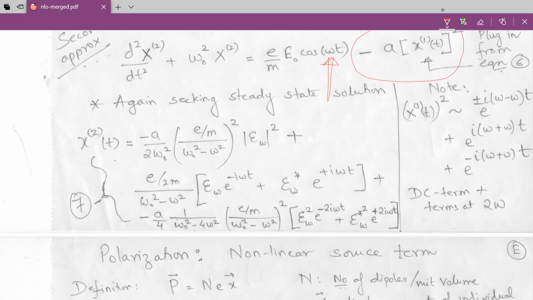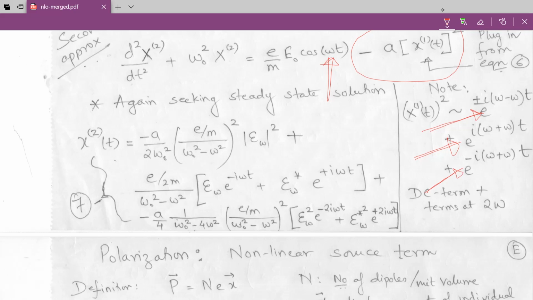I get plus i omega t times minus i omega t giving rise to a DC kind of a drive. That is, this oscillator now is being driven at zero frequency. Then I have got plus i omega t times plus i omega t give me twice omega t, and similarly the complex conjugate which is at minus 2 omega t.